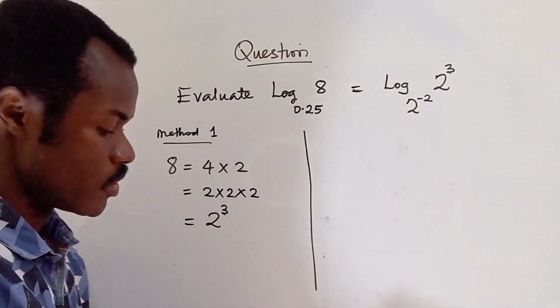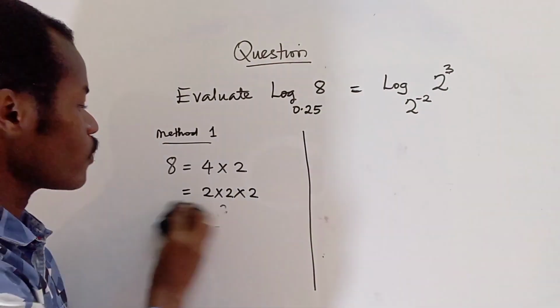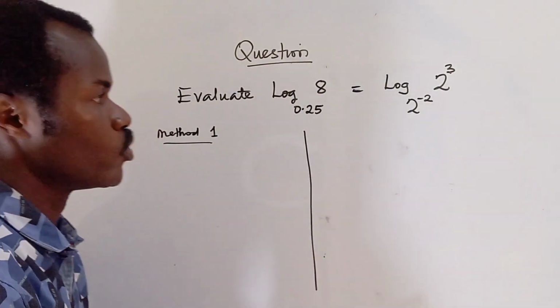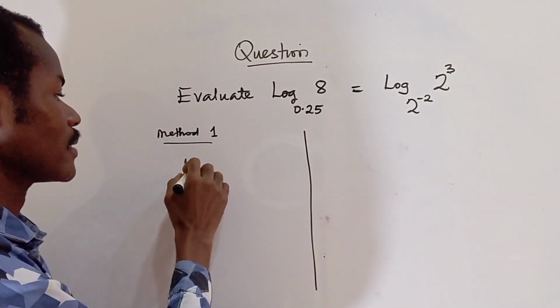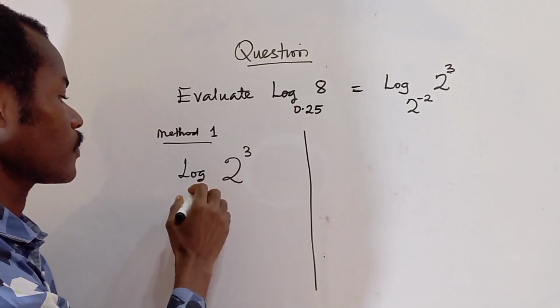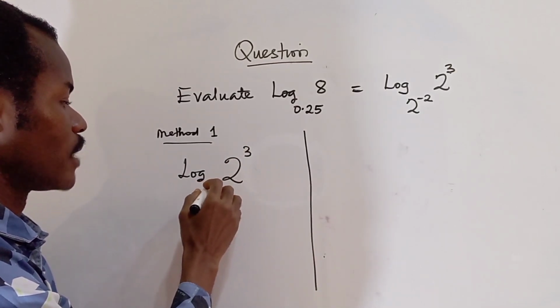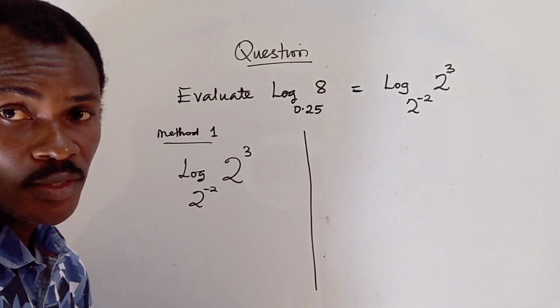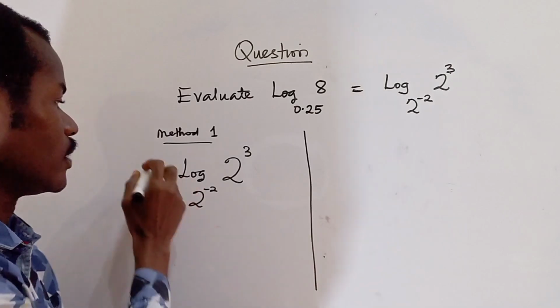All right? So now for method 1, we can write this question in this form as log of 2 to the power of 3, with 2 to the power of minus 2 as the base. So at this point, what can we apply to this?